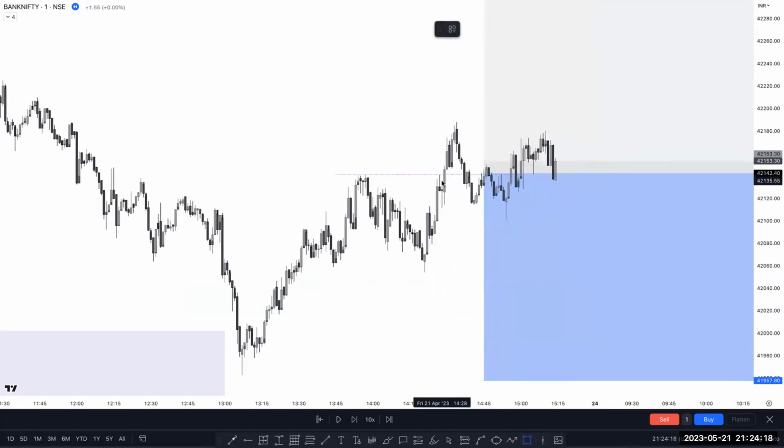Here you will see the first POI is at this point, and the next one here, and the third one is here. So basically in this single candle order block, you will see 3 order blocks. First one is here, next one is here, and third one is here, right?